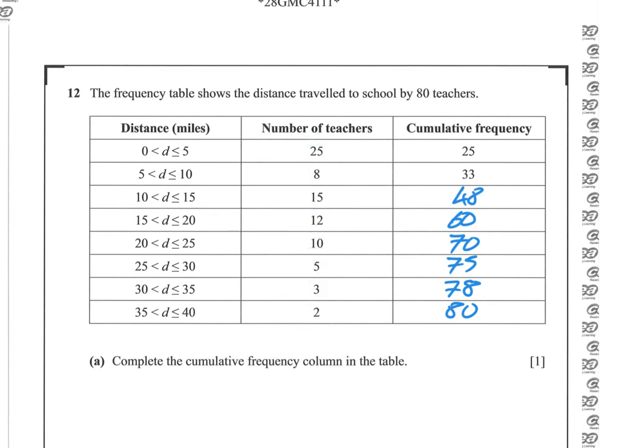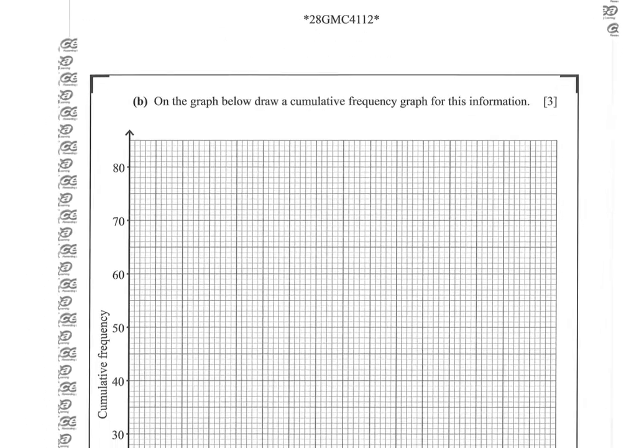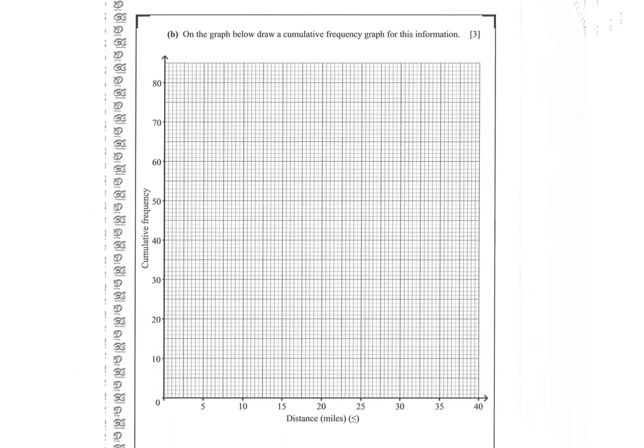There's your cumulative frequency. What you need to do next is the next part of the question, which asks you to draw the graph from this table. So I'm going to do a wee bit of back and forward here, and then I'll pause the video and finish this off.